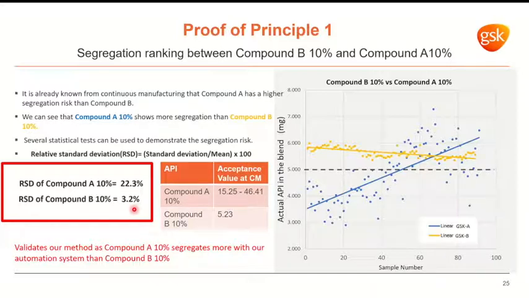And this basically validates our automation system, that it can be used to study the segregation risk of a pharmaceutical blend.